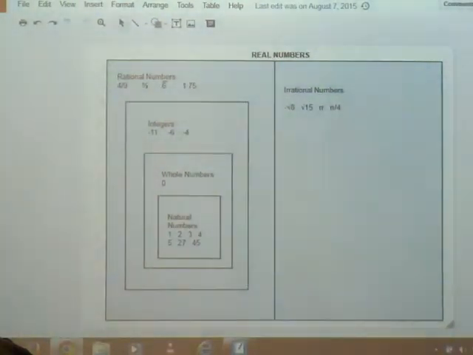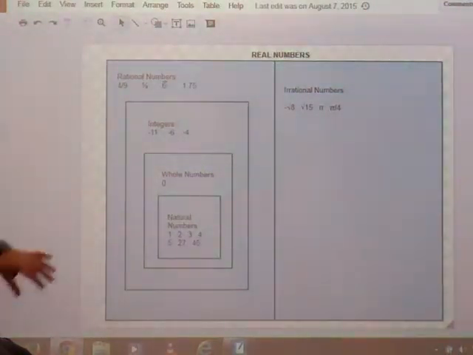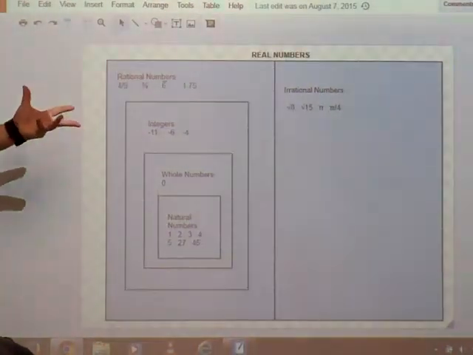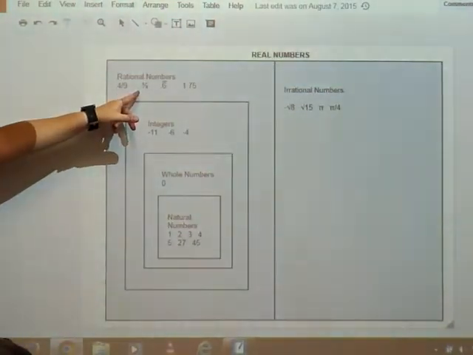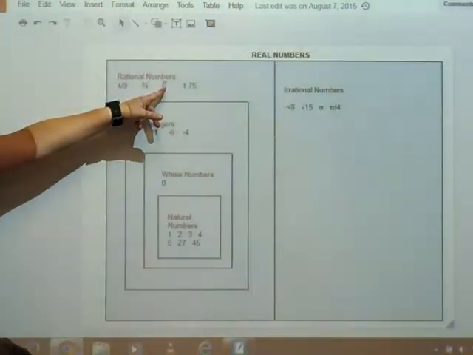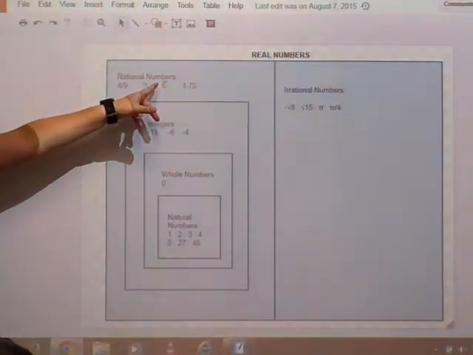Remember that stuff? And then the last one on this left side is rational numbers. Those are hard to read, but those are just fractions up there. Rational number means you can be written as a fraction. 4/9, negative 5/8. How's a decimal a fraction? What's 0.6 repeating the same as in a fraction?